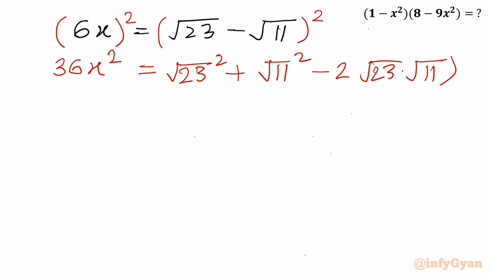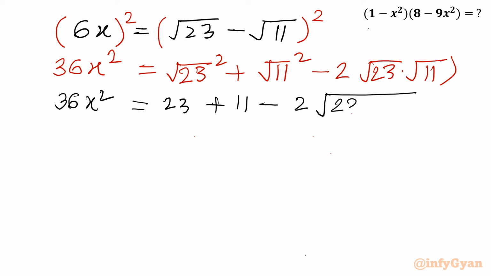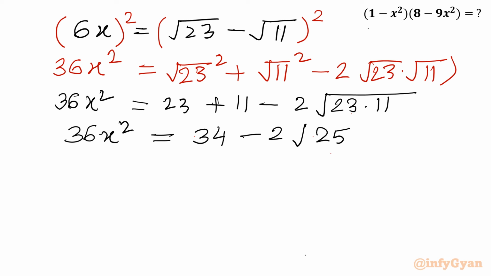Now square root and square will be over. So I can write 36x square. Right hand side, 23 plus 11 minus 2 times square root of 23 times 11. So the left hand side will be 36x square and this will be 34 minus 2 times square root 253.